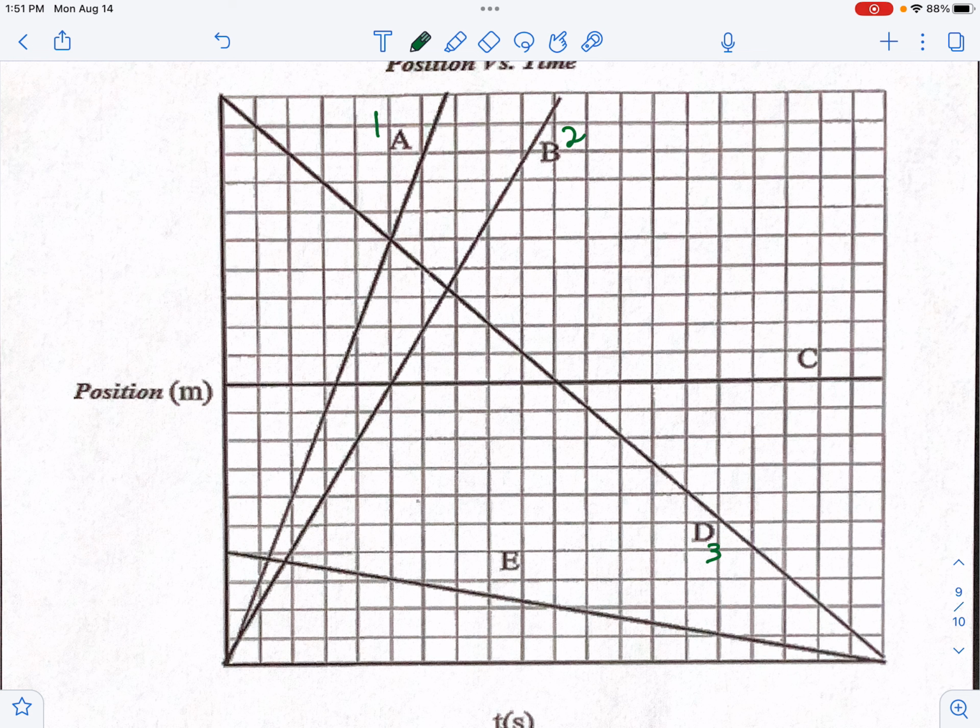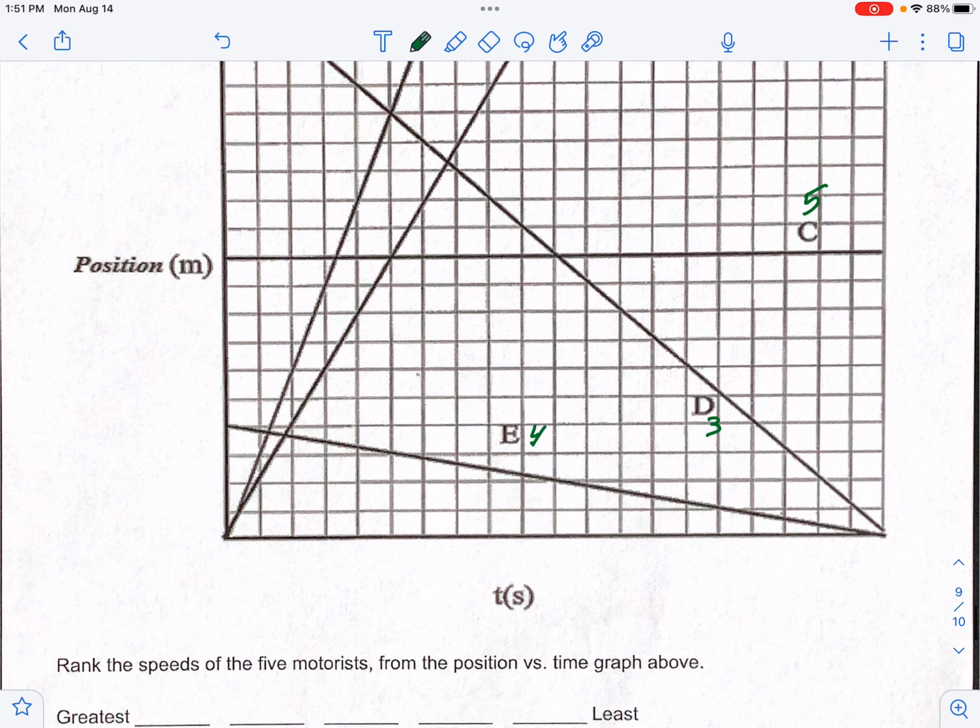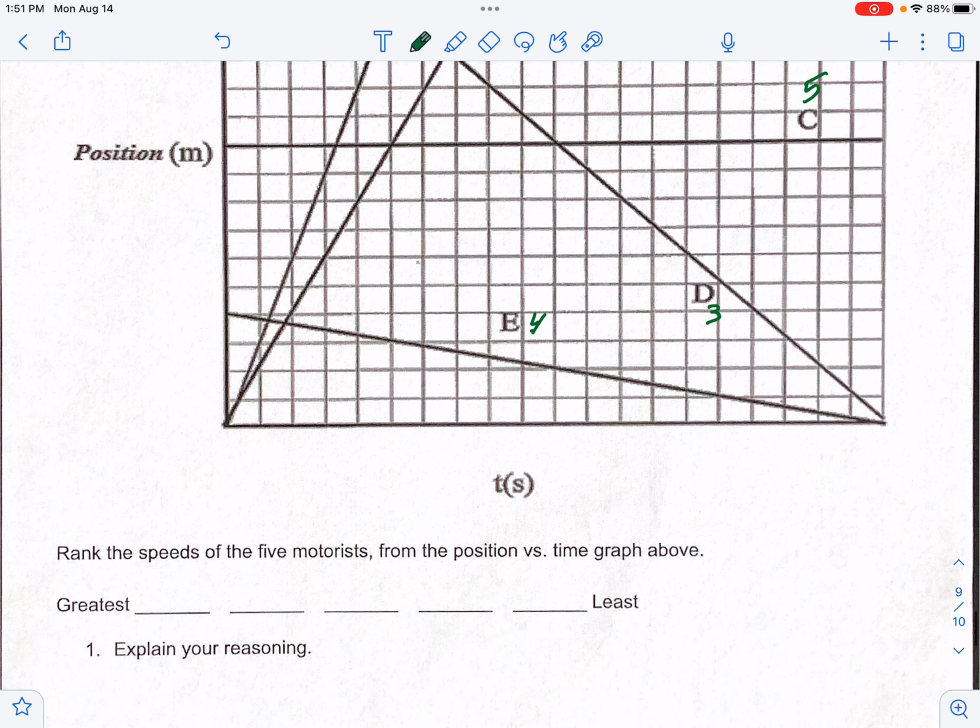We're not going to worry about it in this case. Okay, then E, getting a little bit flatter. So there's my number 4. And then C is that big flat line, so it's going to be no motion. So that's going to be my lowest velocity. Okay, so the greatest would be A, then B, then D, E, and C.